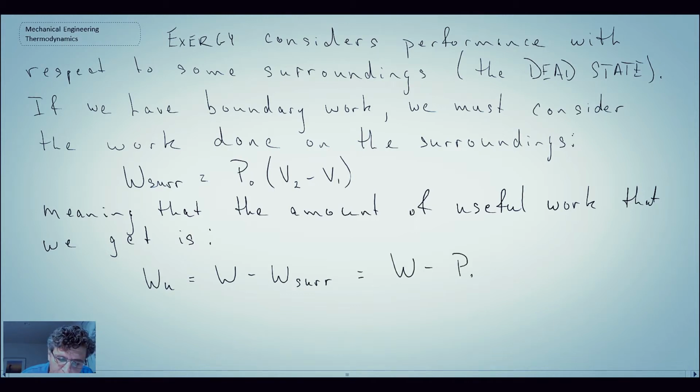And by substituting in the quantity that we said was for the work on the surroundings, the W here is the actual work being performed. So that is something that we have to be careful about. If we have a control volume that is changing volume, we need to take into account the fact that we may be doing work on the surroundings.